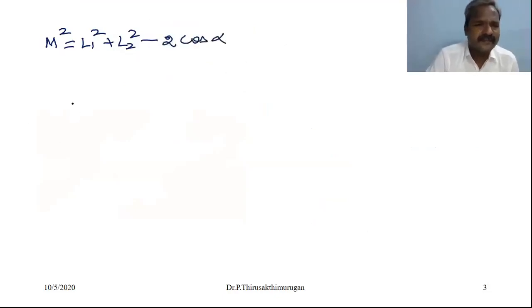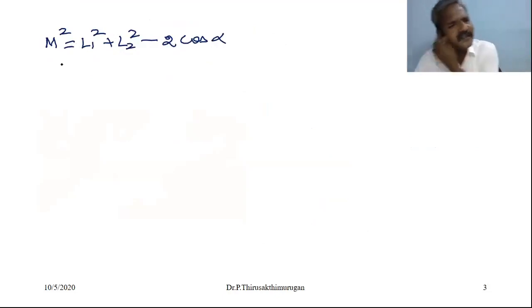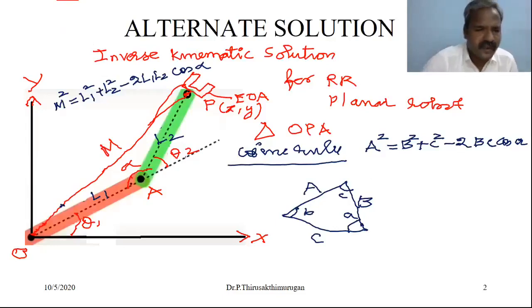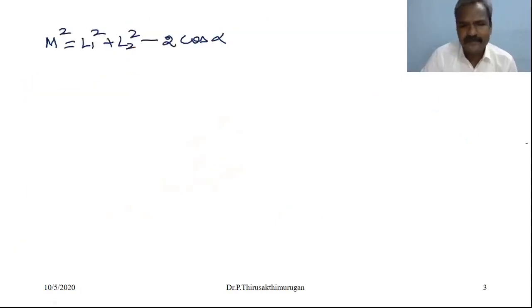Clear? Then what is alpha from this relation? This alpha is nothing but pi minus theta 2, that is 180 degrees minus theta 2.